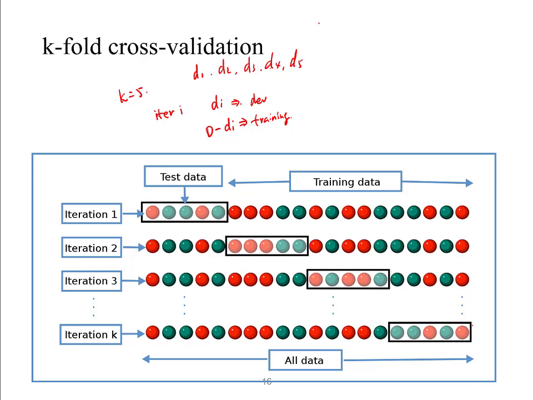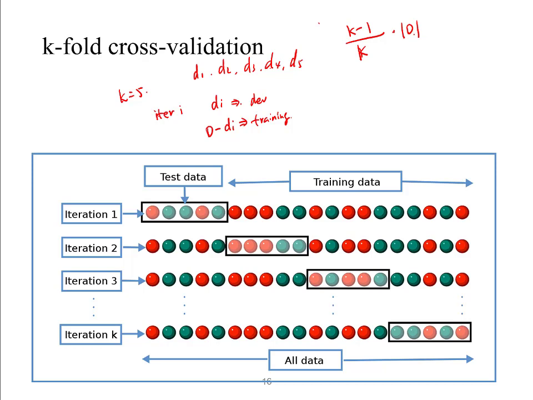So in each iteration, only one partition will be used as the development set. In this case, we can always guarantee that the amount of training data would be (k minus 1) over k times the total size of the data set. That is not too small, right?